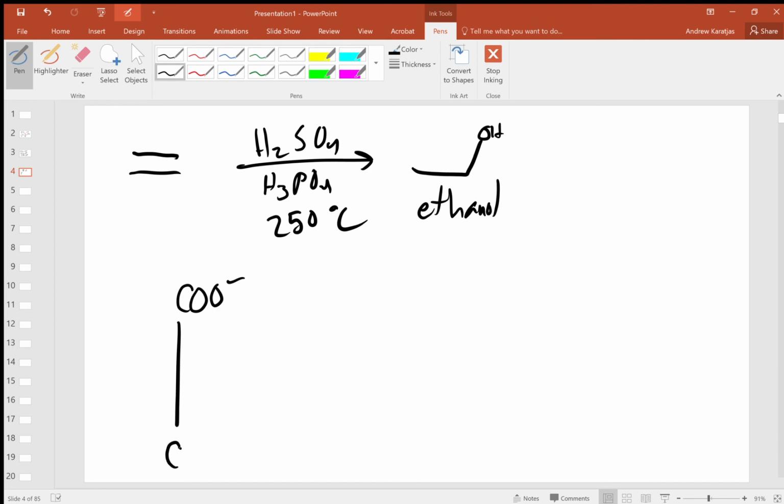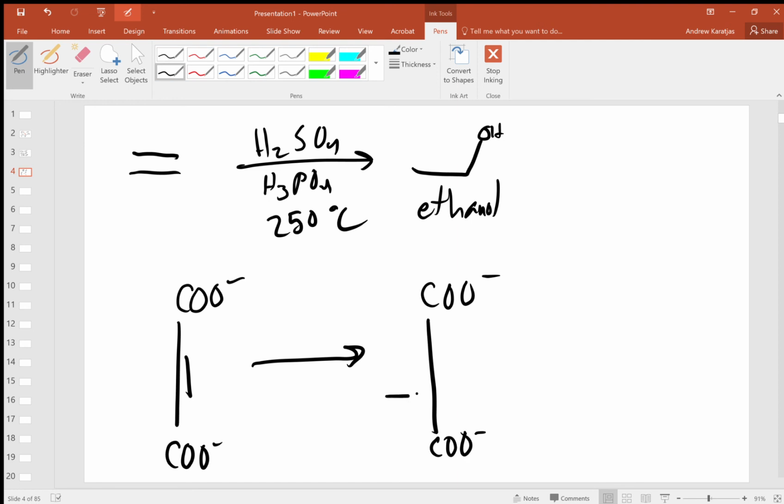Another example where we see a very basic hydration reaction is this. This is the conversion of fumarate to fumarase.